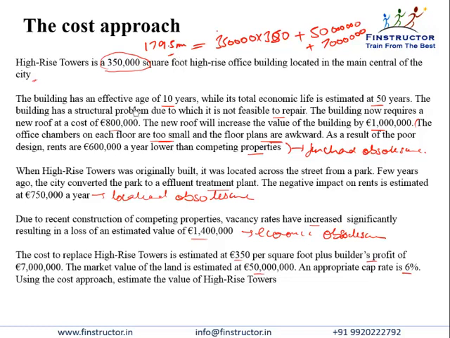The first problem that we see is that there is some physical damage and the building now requires a new roof at the cost of 0.8 million euros. This 179.5 would be for a new building with the new roof.